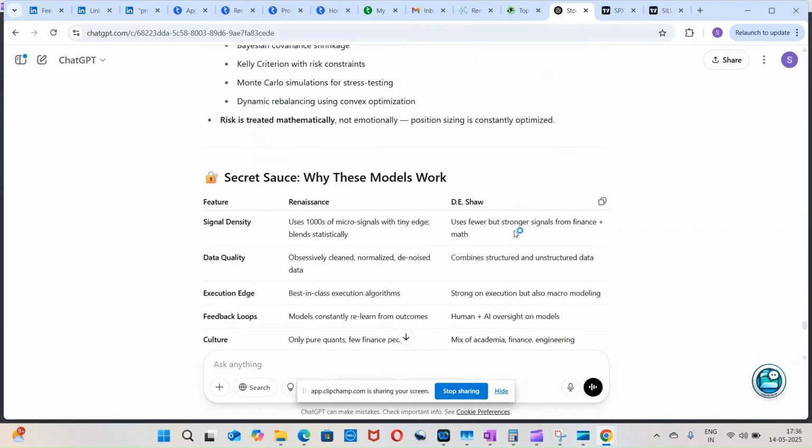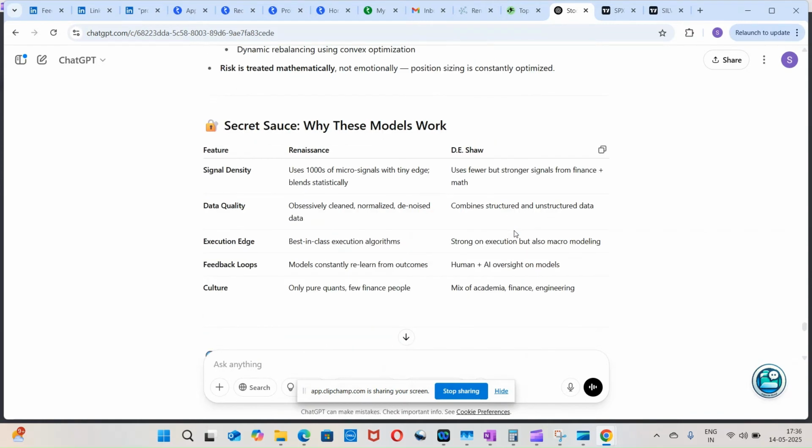So what makes these particular models work is signal density. Thousands of microsignals are generated, which give them the edge to make profit. In case of DE Shaw, very few signals are generated, but these are very strong signals because they use both finance and math. Data quality: they have a lot of obsessively clean, normalized, denoised data, and DE Shaw uses structured and unstructured data to identify patterns and signals.